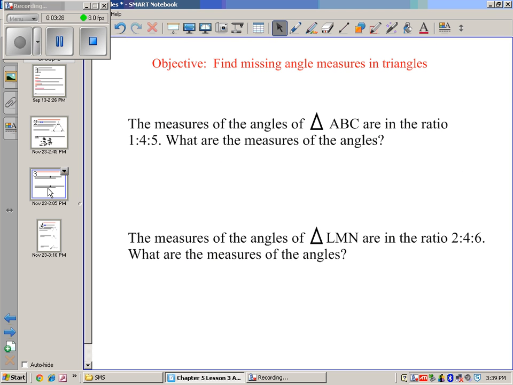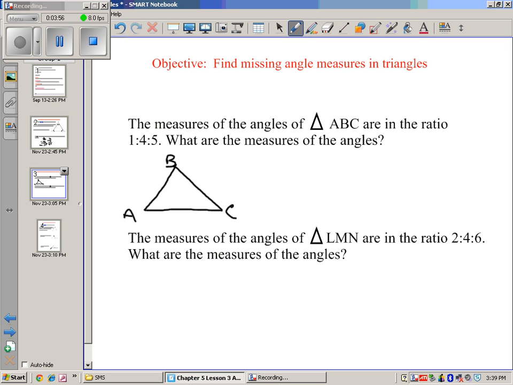The measurements of the angles of triangle ABC are in the ratio 1 to 4 to 5. What are the measures of the angles? Well, first thing, if you don't have a picture, let's always draw a picture. Draw a picture of a triangle. Triangle A, B, and C. 1 to 4 to 5.